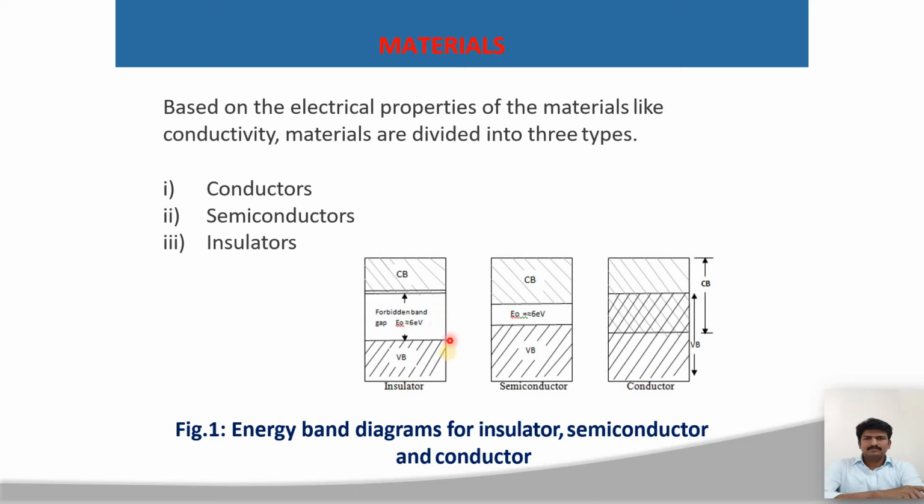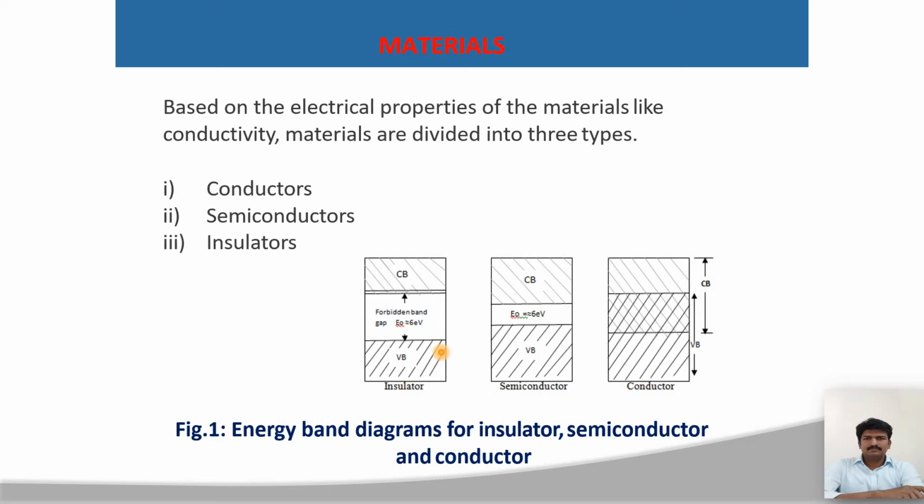For insulators, the forbidden energy gap is very high. Here it is equivalent to 6 electron volts. What is the meaning of 6 electron volts? 1 electron volt means how much force you need to move 1 electron. You can call that an electron volt. Here, the electron has negative polarity.